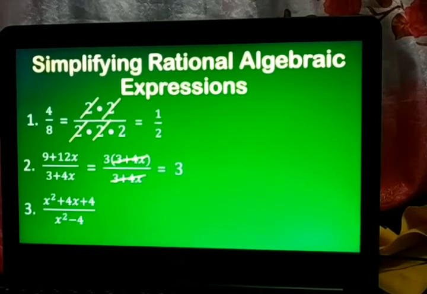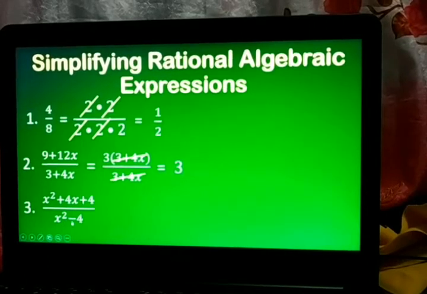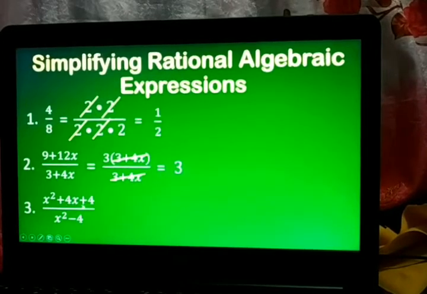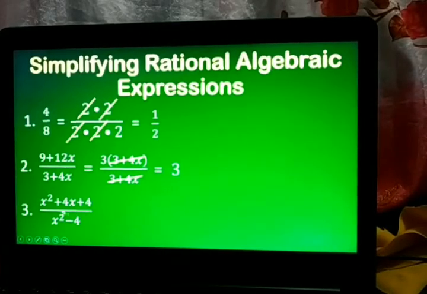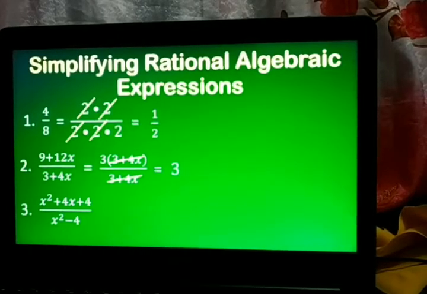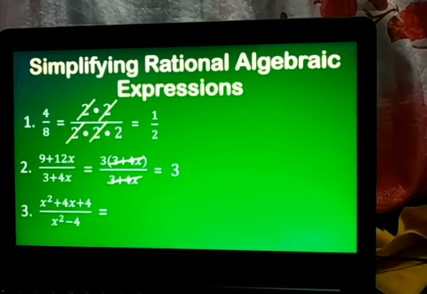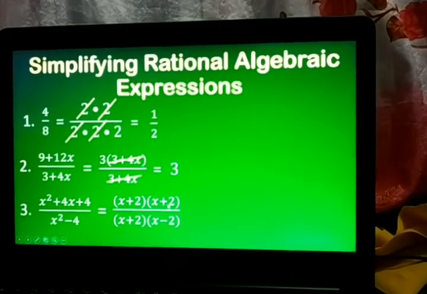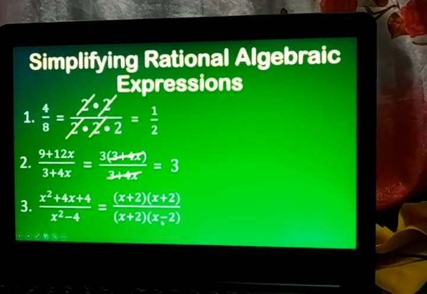The last one, we have x squared plus 4x plus 4 divided by x squared minus 4. Study the given numerator. x squared plus 4x plus 4 can be factored using the perfect square. And the denominator x squared minus 4 can be factored using difference of two squares. So let us factor them. x squared plus 4x plus 4 and x squared minus 4 becomes x plus 2 times x plus 2 divided by x plus 2 times x minus 2.